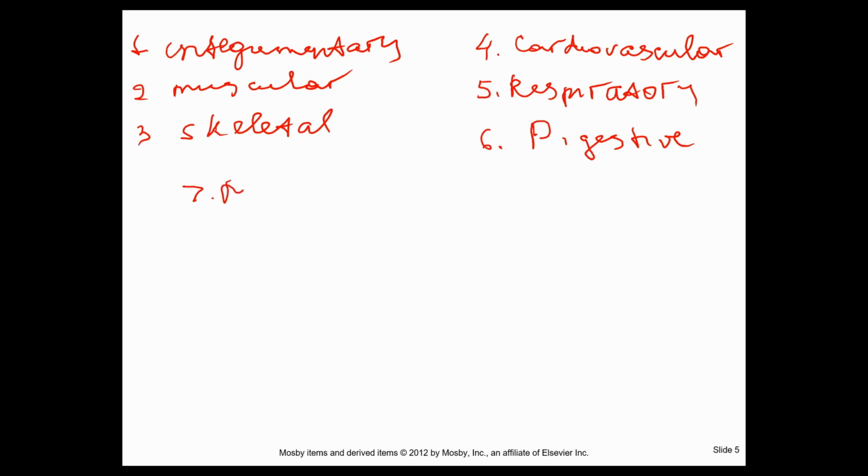The nervous system and endocrine system.